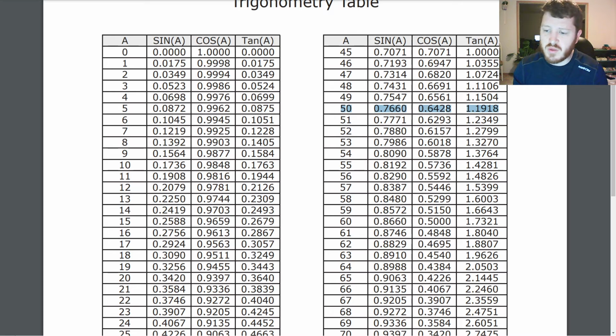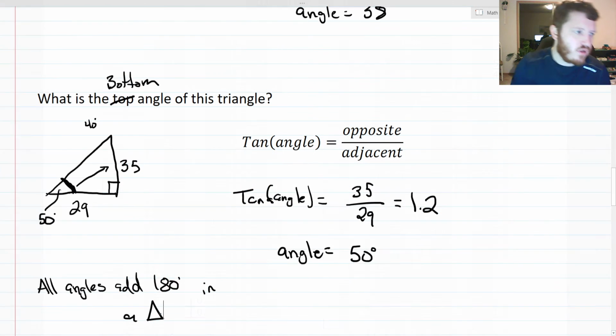The other thing that we can remember is if this angle is 50 and this angle is 40 and this angle is 90, all together 40 plus 50 plus 90 equals 180, which is good because that confirms that every angle in a triangle adds to 180, something you may have learned in previous years. It's a useful way to check your work when we're finding the angles in triangles: all angles add to 180 in a triangle. Again, you can't see what I'm doing.